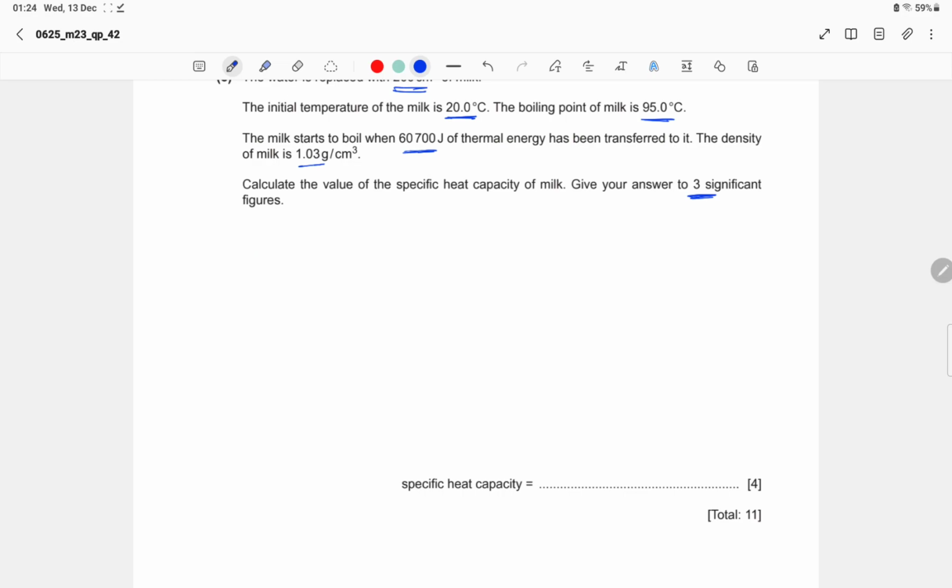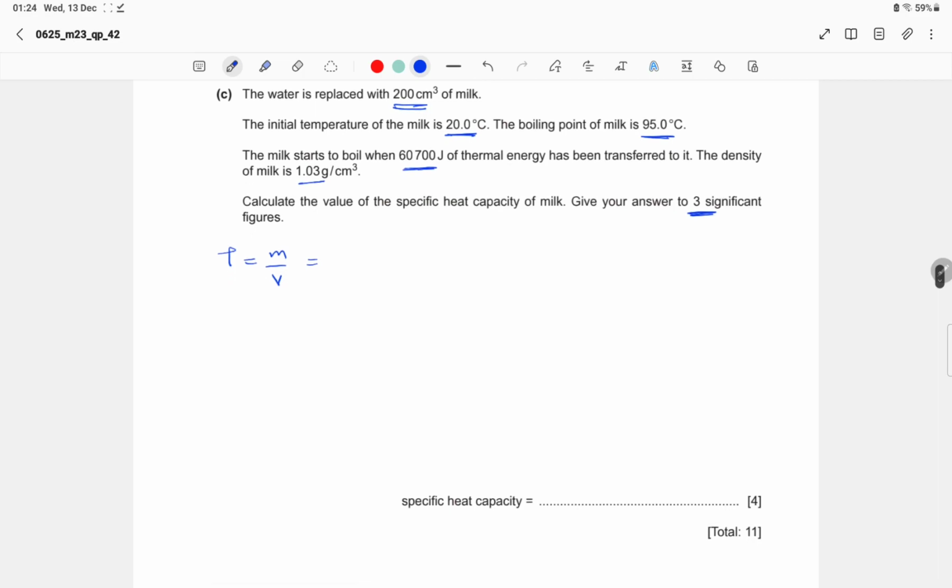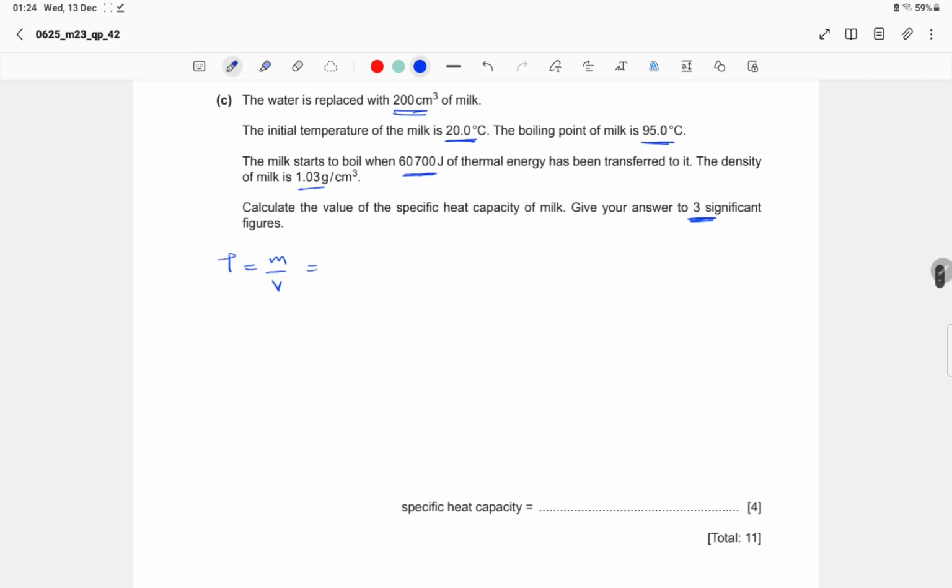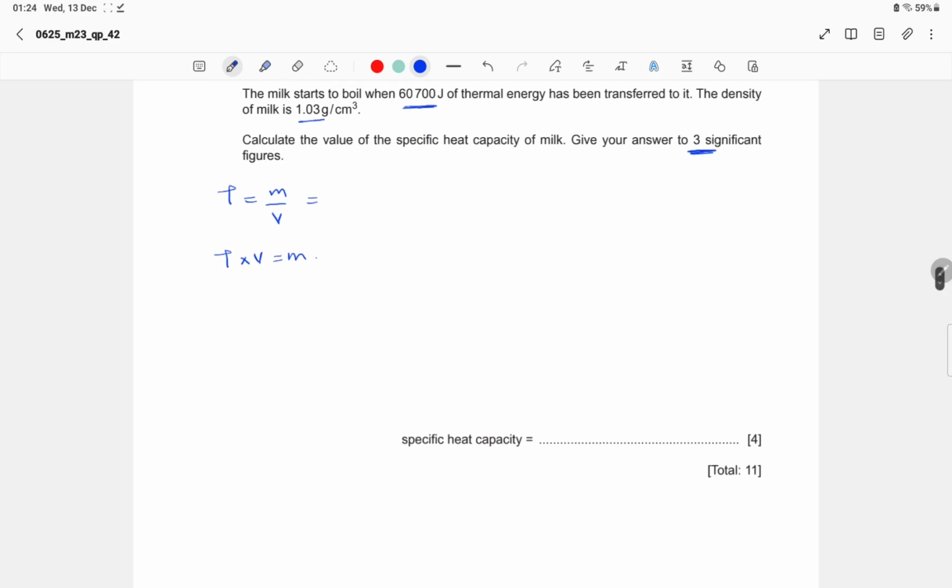So first of all, we are going to find the mass. Density is mass over volume, so density times volume is going to be mass.